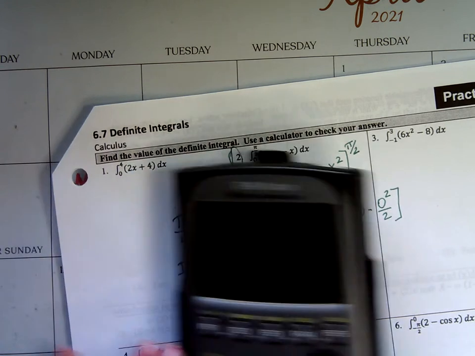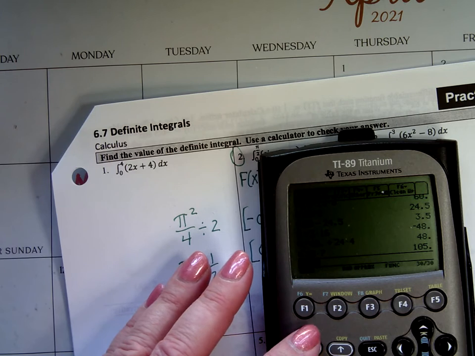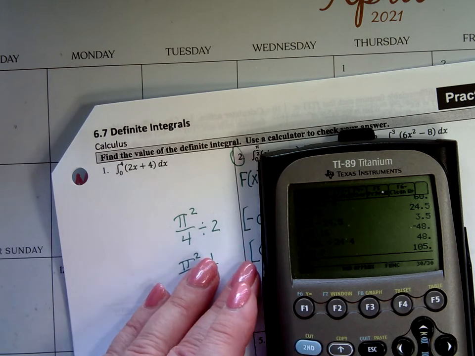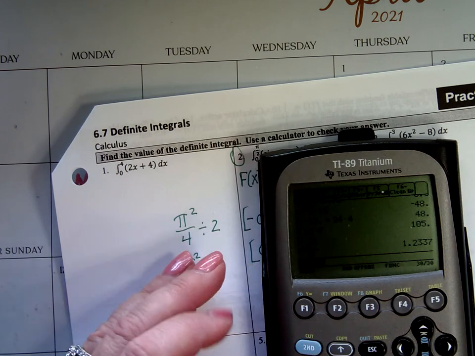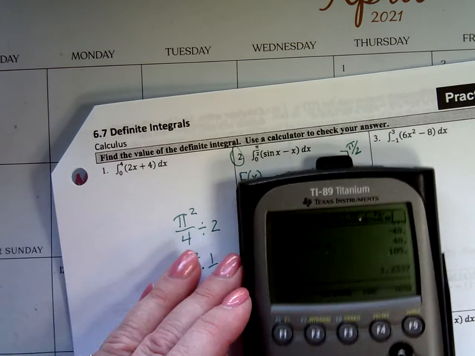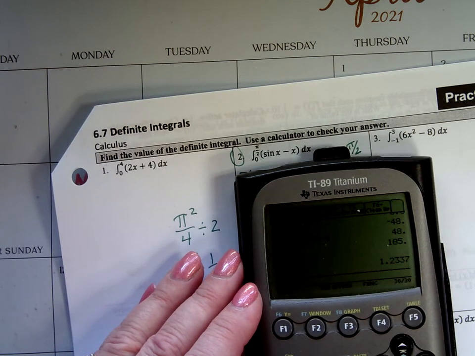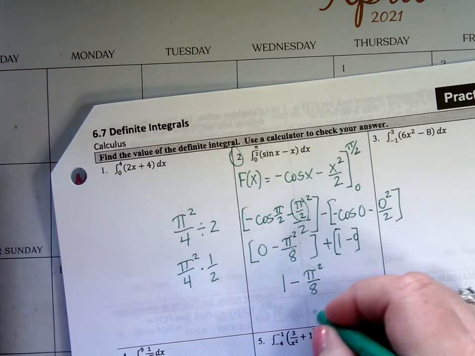Pi is the caret button, so second caret, pi squared divided by 8 gives me 1.2337. Then 1 minus 1.2337 gives me negative 0.2337.